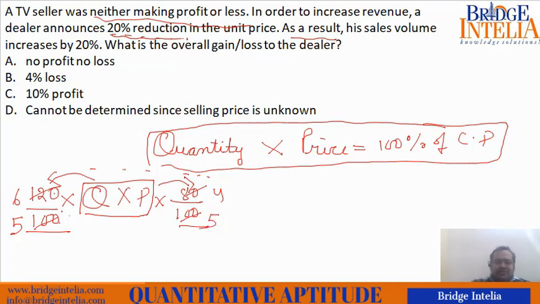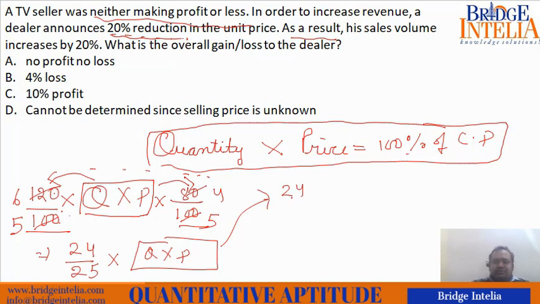So this is 24 by 25 into Q into P. Now Q into P is equal to 100% of cost price. So this is equal to 24 by 25 of 100% of cost price, which is equal to 96% of cost price.